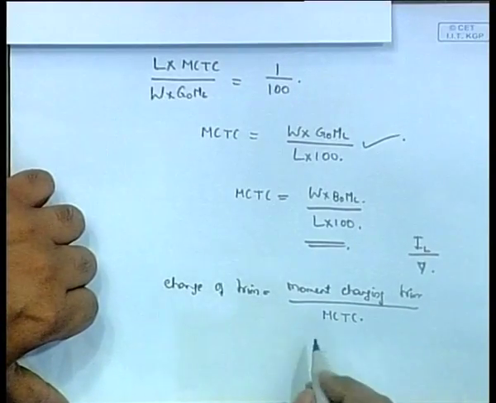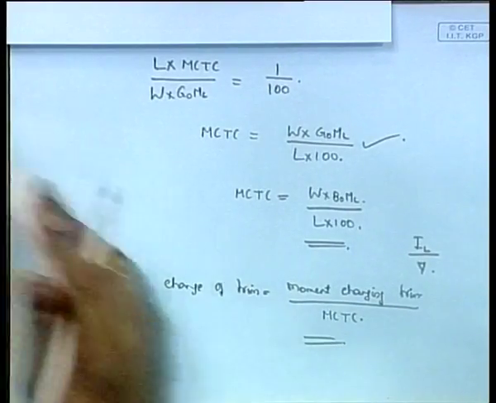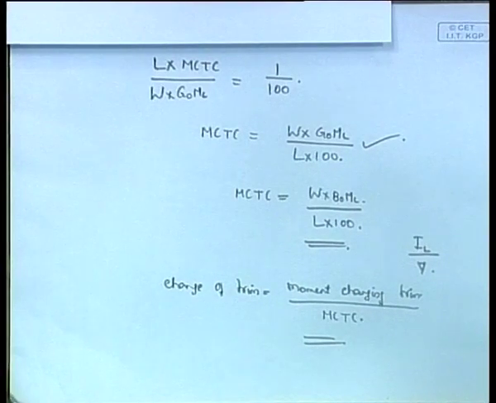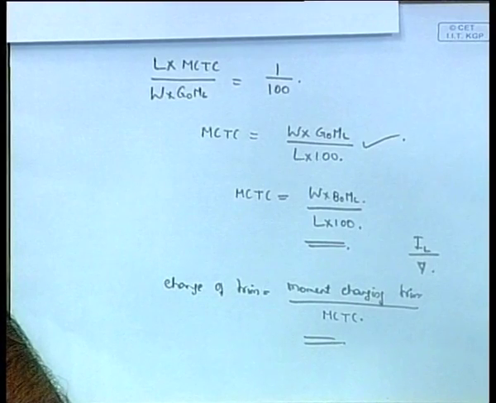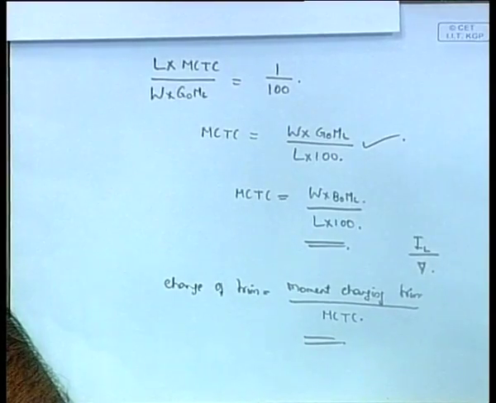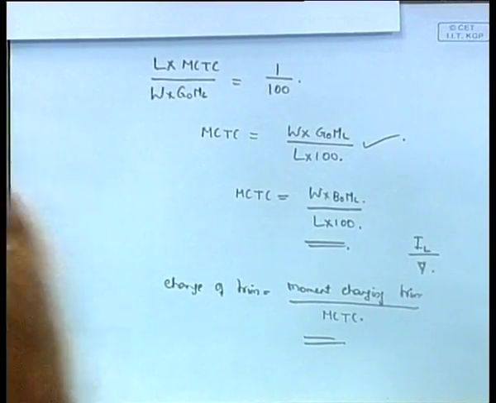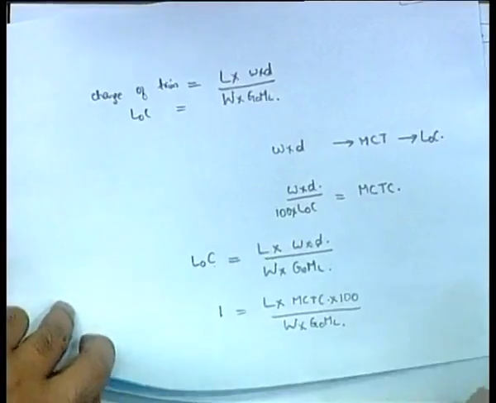The change in trim is given by this formula. So, these two formulas you need. Then I think I stopped here. Okay. Then we will do a couple of problems.